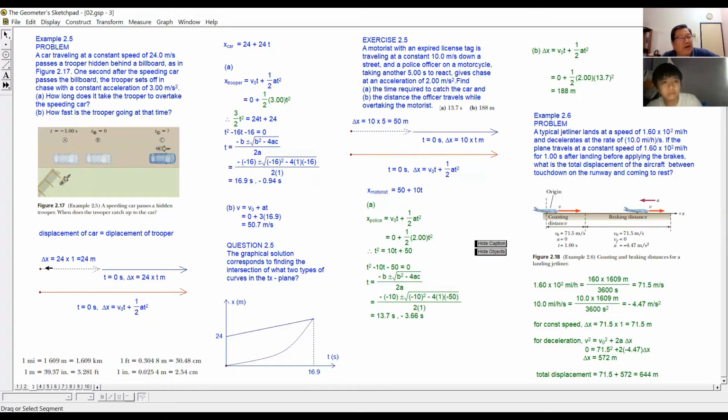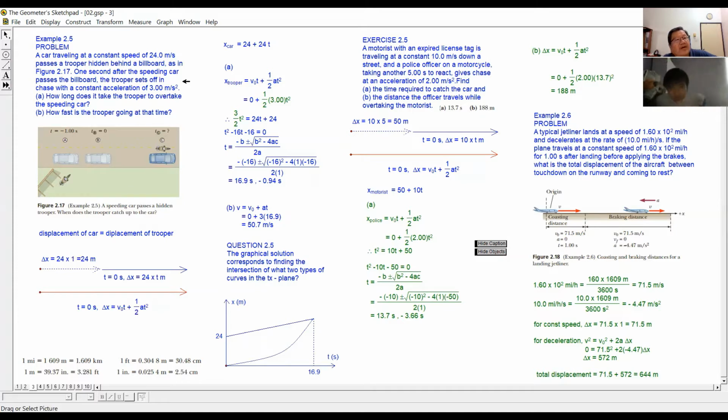But quietly I calculate that 1 second: how far has the car traveled before the police can react? During that 1 second, because the car is traveling at a constant speed of 24 meters per second, the distance traveled by the car is 24 times 1.